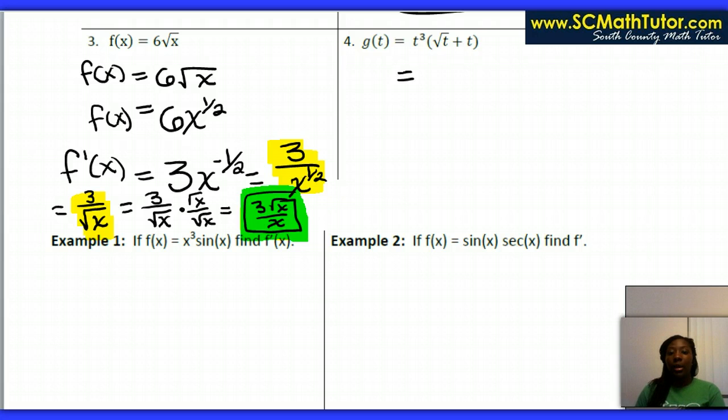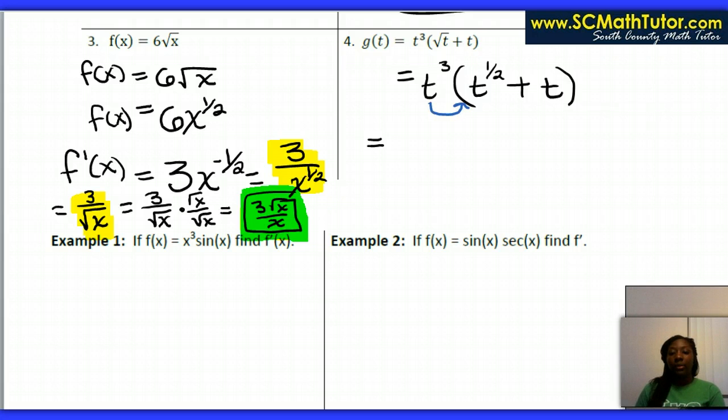Okay, this t cubed times the square root of t plus t, I'm going to go ahead and change that to a fractional exponent. You could either distribute or use the product rule. I'm going to distribute, because to me that's easier.